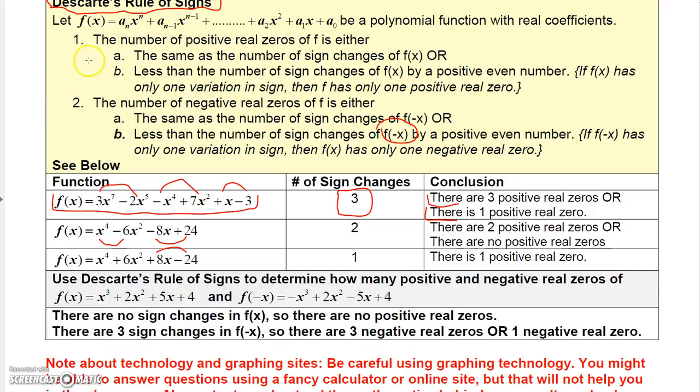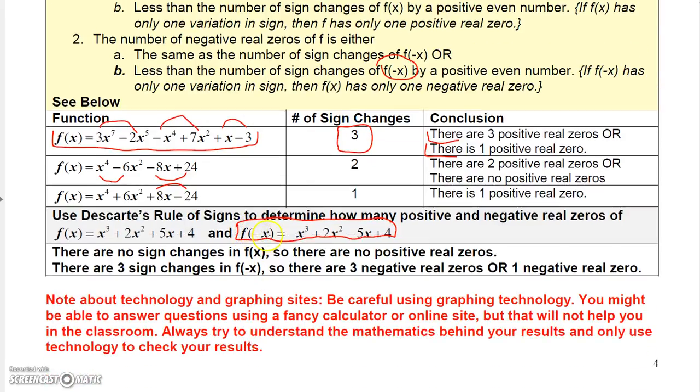Now, I did this for positive real zeros, but to determine the number of negative real zeros, you actually have to calculate f of negative x. So f of negative x would be this one. Okay? So for this function, how many sign changes are there?